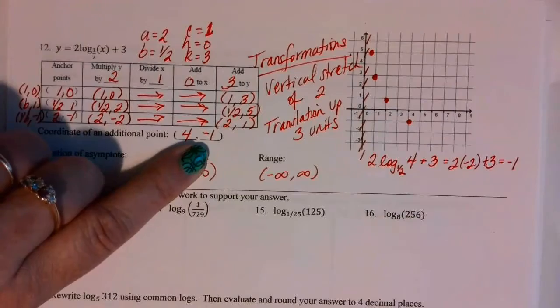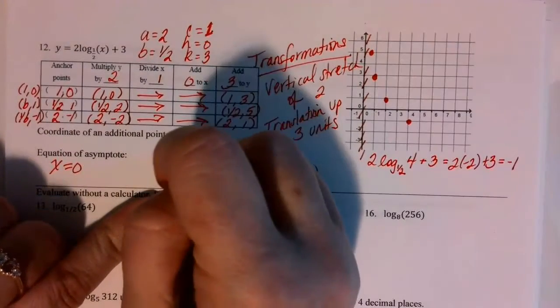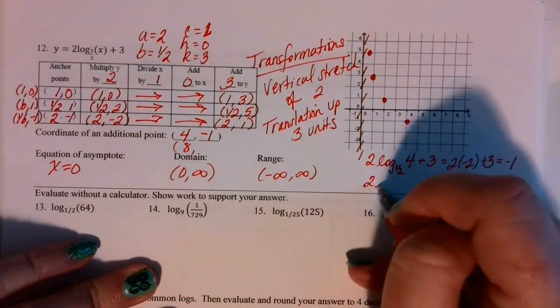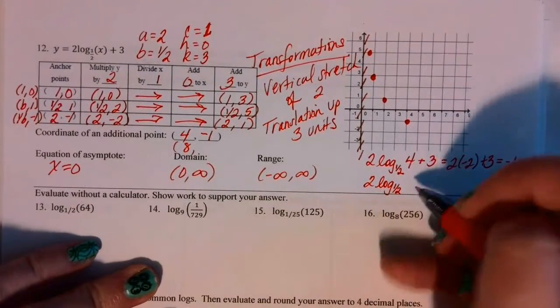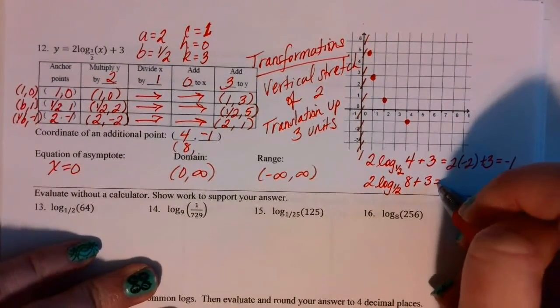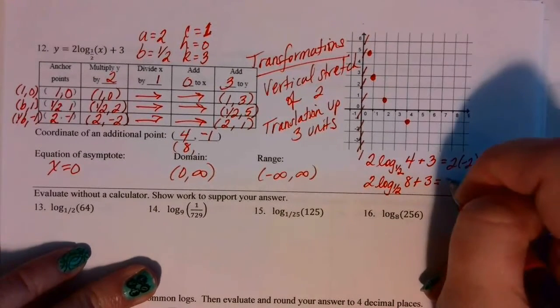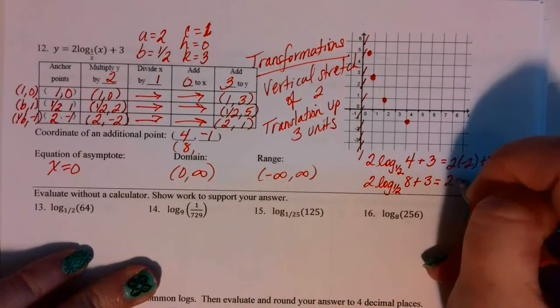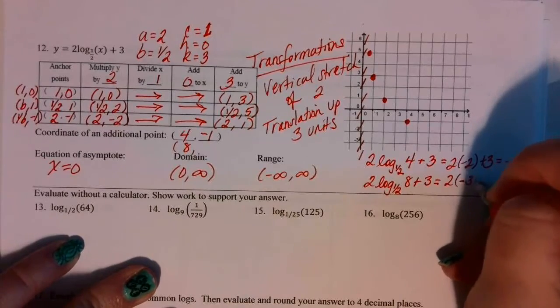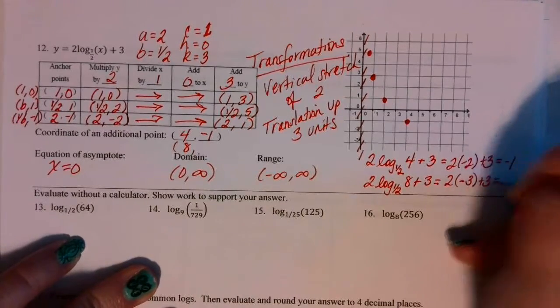Okay, if I want to find another guide point, I might put in an 8 for the x. Then I'd have 2 log base 1/2 of 8 plus 3. And that would be 2 times negative 3 plus 3.